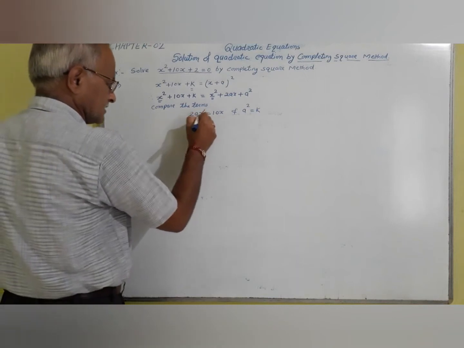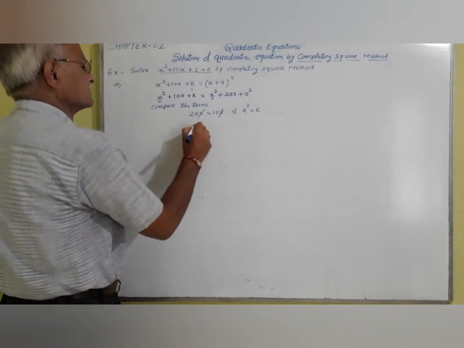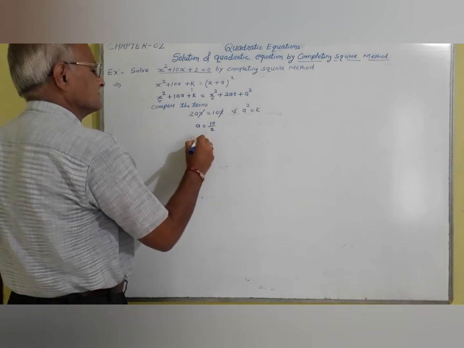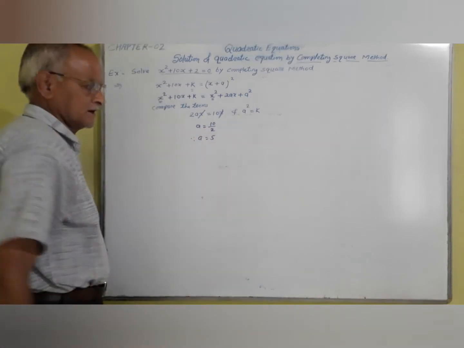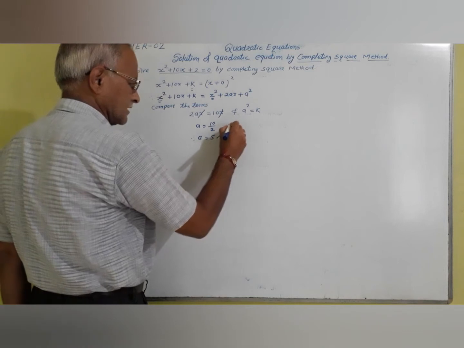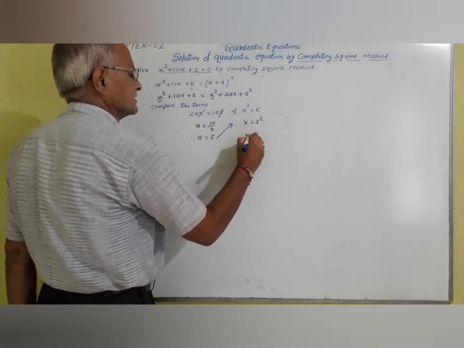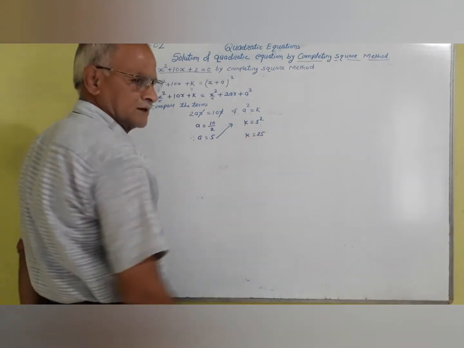From this, x and x become cancelled. Therefore, a is equal to 10 upon 2, therefore a is equal to 5. Now substituting this value, k is equal to how much? 5 square, that is 25.